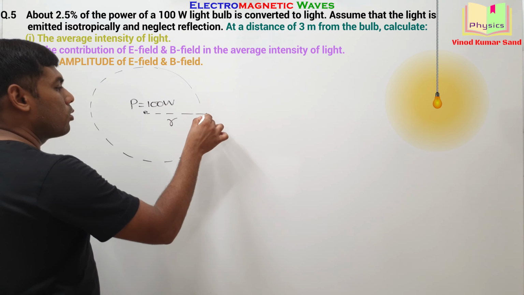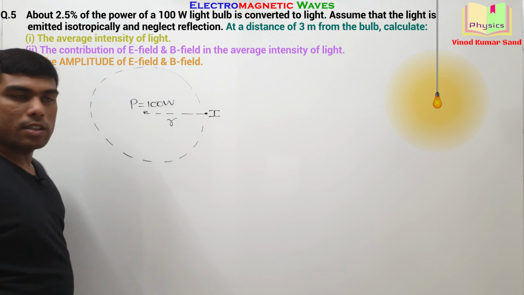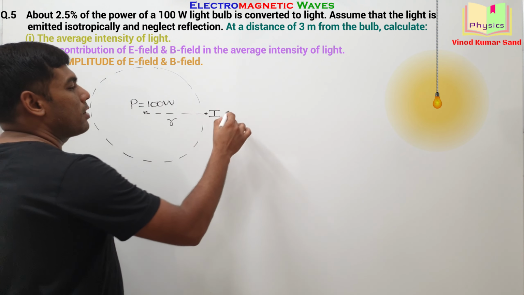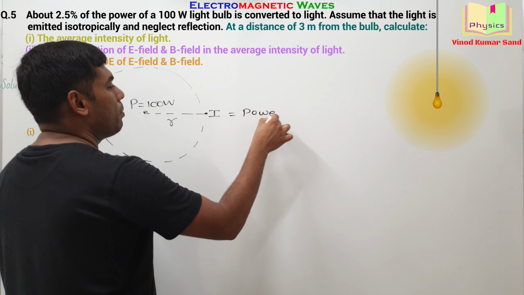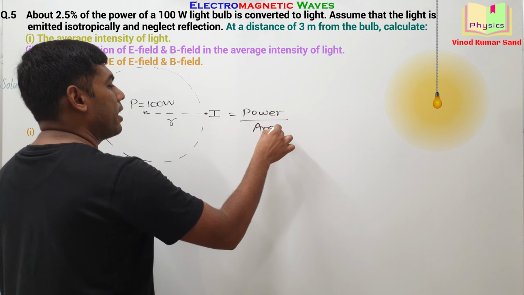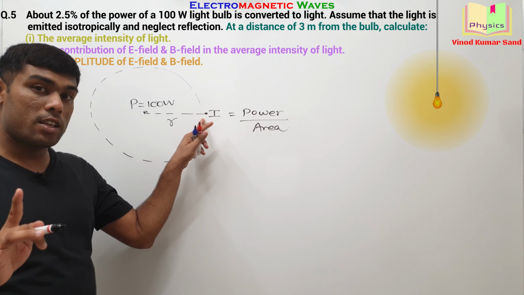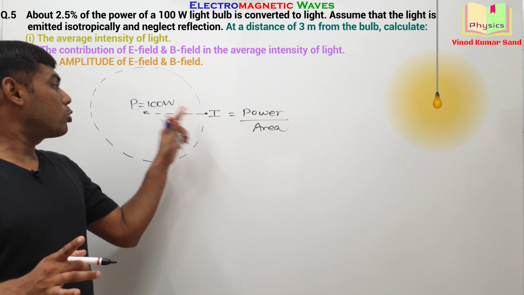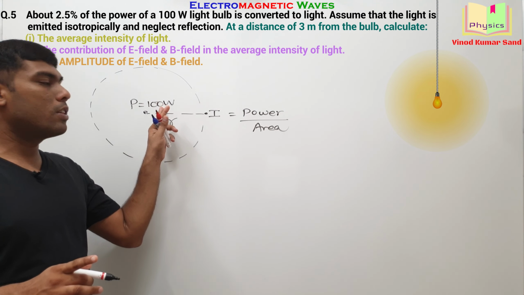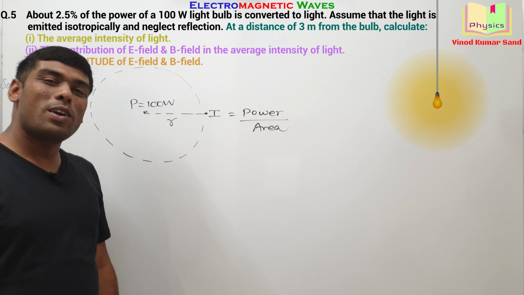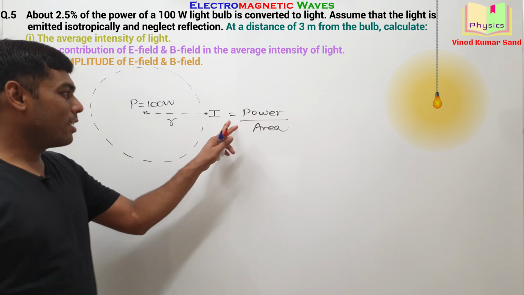Here I am trying to obtain the intensity. Formula for the intensity we already know, power divided by area. The question says that only 2.5% of this power is being converted to the electromagnetic waves.